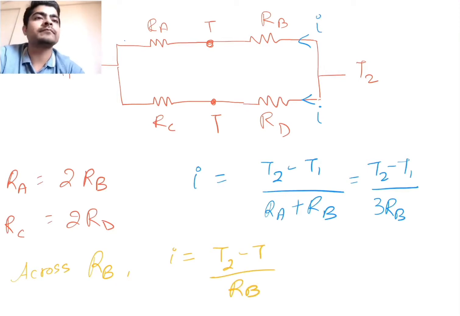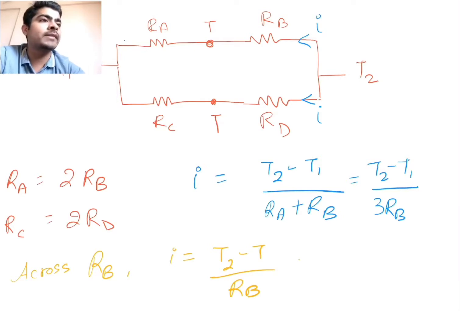Okay, because across the resistor Rb, one side has temperature T2, the other side has temperature T, so T2 minus T by Rb. Now we have this formula for I and we have that formula for I. We equate them.